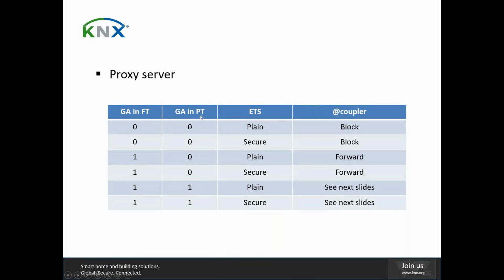So indeed, it's obvious we have, besides the filter table that we know from the plain devices, also now an extra table called the proxy table. And that's what we need to take into account when a received telegram needs to be processed. So if it's neither in the filter table nor in the proxy table, then it's clear. Then this telegram shall simply be blocked.